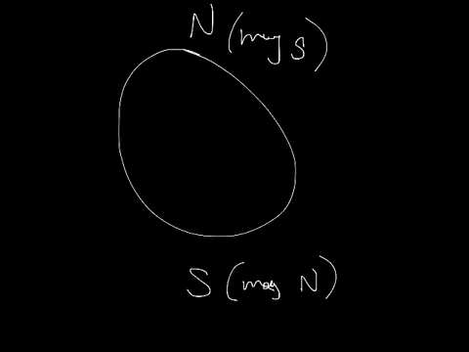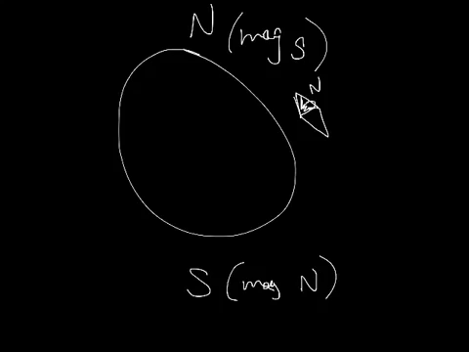Now, look at a compass on the earth. The North Pole on a compass points you to the North Pole, right? Because it's attracted to magnetic south.